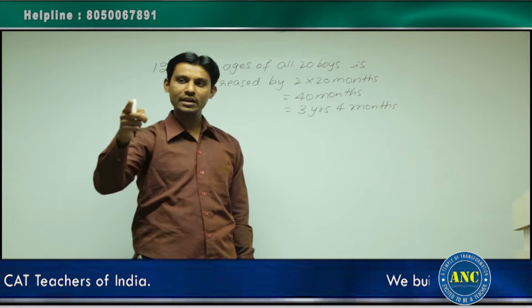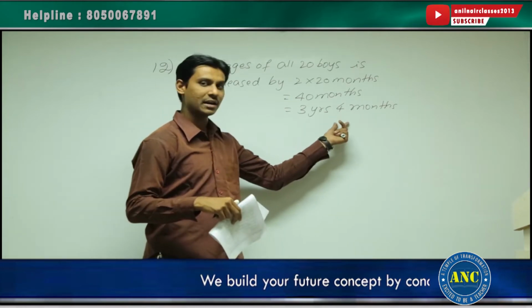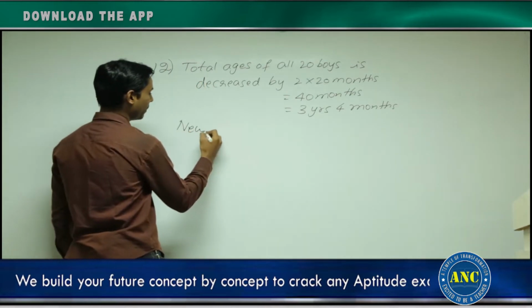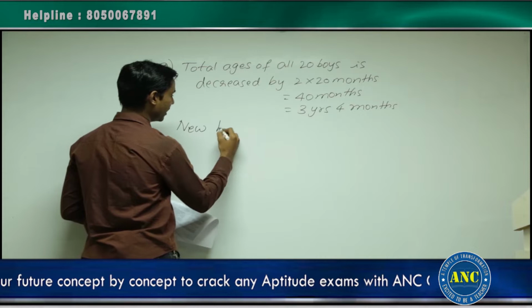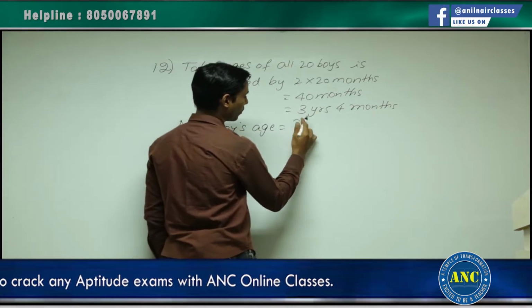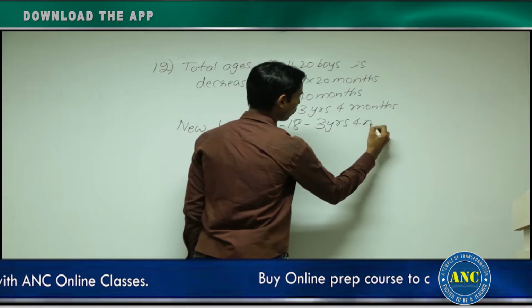What is the age of that person? His age is 18 years. That means the new boy's age is 3 years and 4 months less than 18 years, which is nothing but 18 minus 3 years and 4 months.